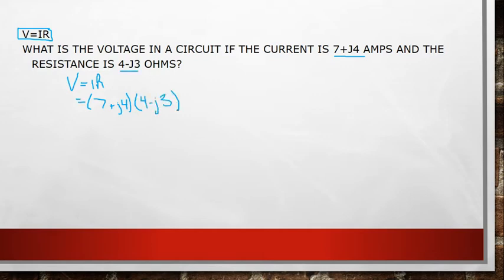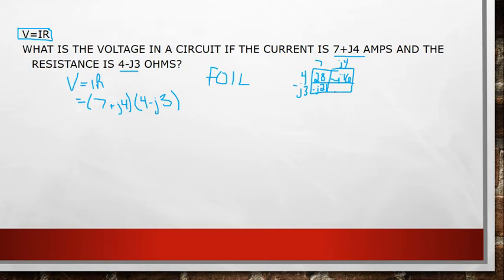To FOIL, you can do the normal FOIL method of first, outer, inner, last, or some of you may have known the Punnett square method, where you set it up so you have 7 and j4, and then the 4 and the negative j3, and then you multiply. 7 times 4 gives you a 28, 4 times j4 gives you a j16, negative j3 times 7 gives you a negative j21, and then negative j3 times j4 gives you a negative j squared times 12.